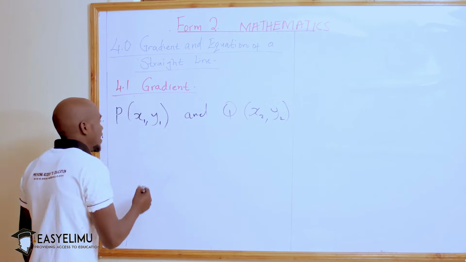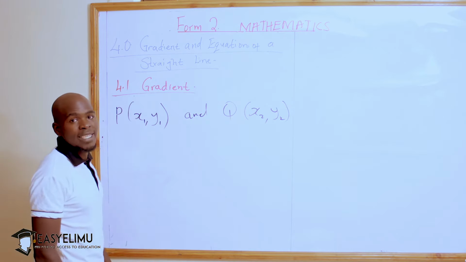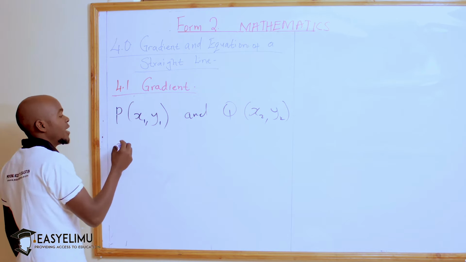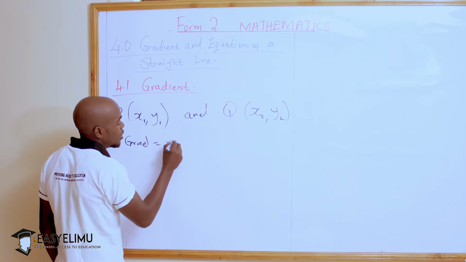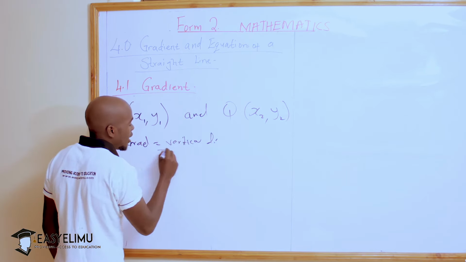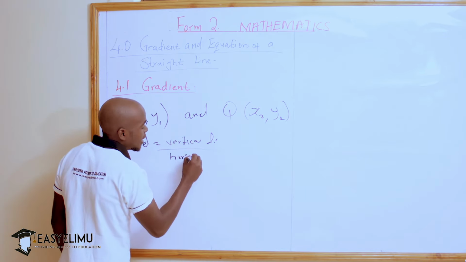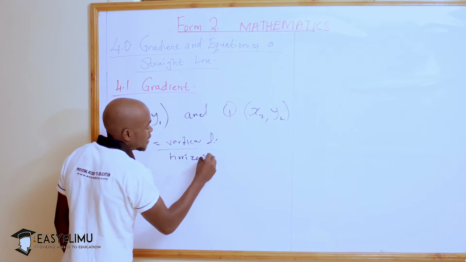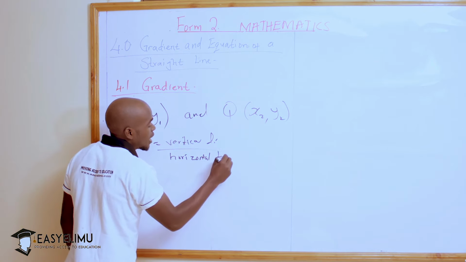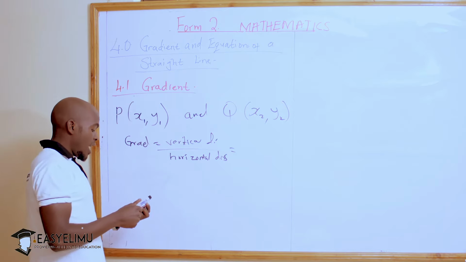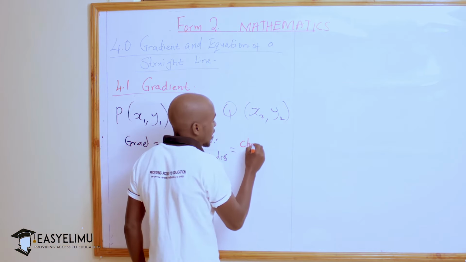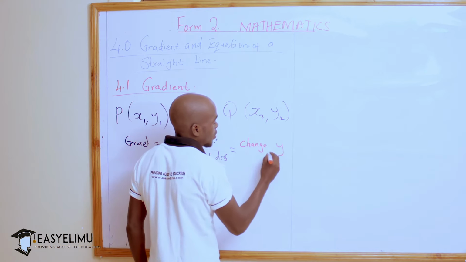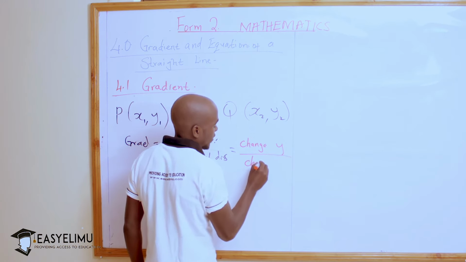You just take the change in y over the change in x, because we said the gradient is obtained by taking the vertical distance over the horizontal distance, and here the horizontal distance resembles the change in x.